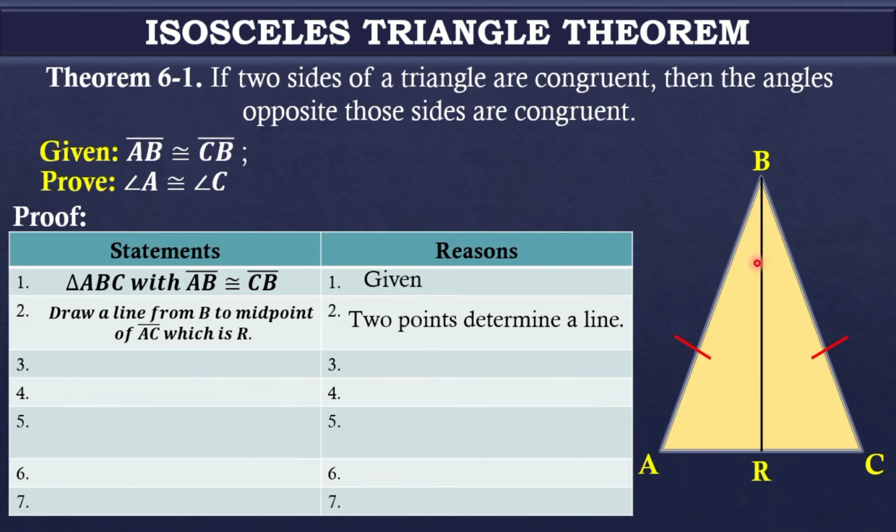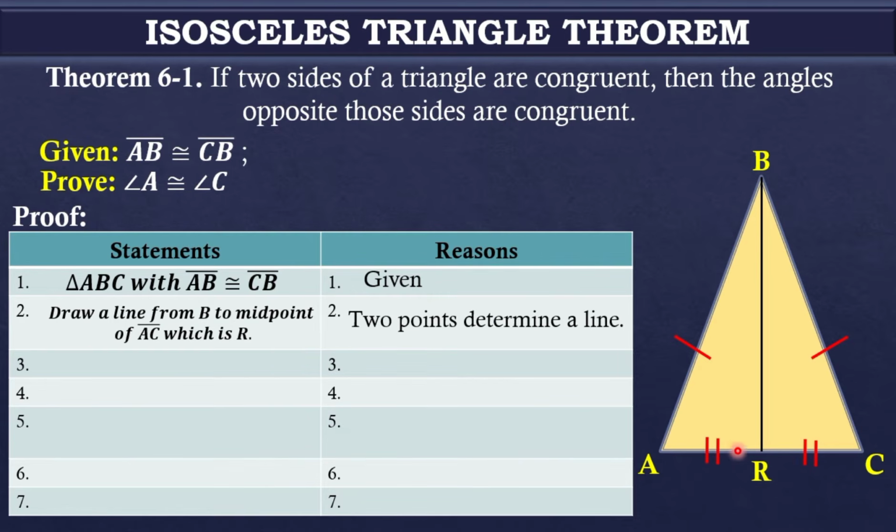So nag-form tayo ng ating line, okay, doon sa ating vertex point, doon sa ating vertex angle, at dito sa ating midpoint ng segment AC. Now from here, since midpoint po ito, pag sinabi kasi nating midpoint, ibig sabihin pinakagitna siya, di po ba? So, ibig sabihin, etong segment na to ay congruent po dito.